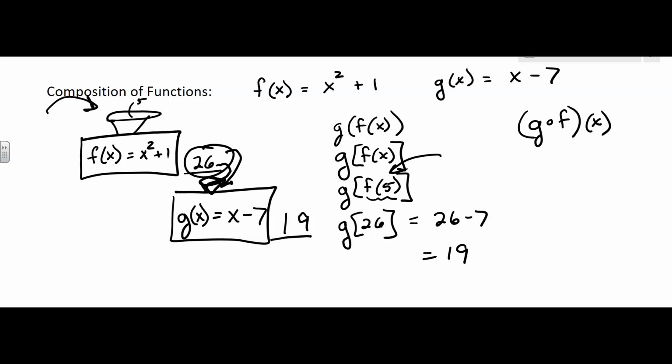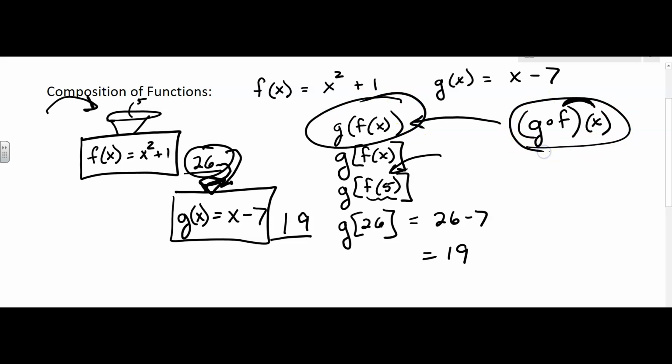And it means the same thing as what we have over here, g of f of x. And that's how we state it, okay? So sometimes what's tricky for students is to remember that it's these two that you're doing first. You're taking f of x first, and then you're going to take g of f of x. Sometimes it's easier to understand if you write it this way, but this is the notation for composition.